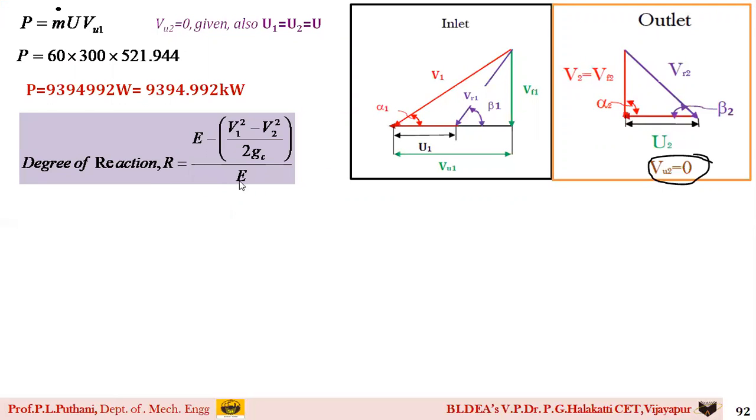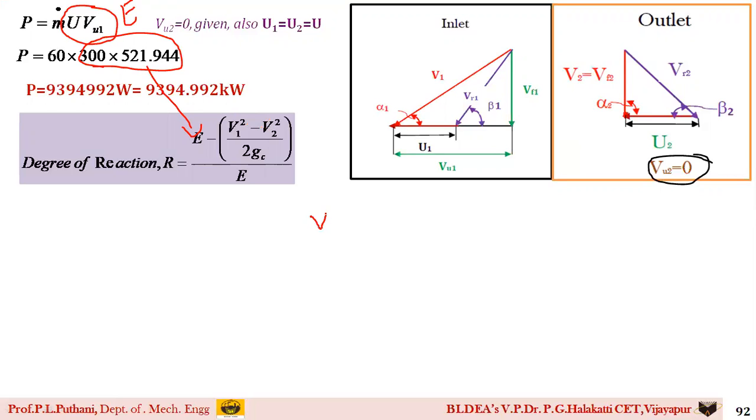Degree of reaction equation, already you know, you can write the degree of reaction equation in this form. R is equal to E minus (V1 square minus V2 square) by 2 gc J. E is nothing but, if you observe this particular equation, this is U VU1, it is nothing but the energy E itself. So directly you can get the value 300 into 521.94, whatever the product is, that is nothing but representing the term E. V1 is already given in the question to us.